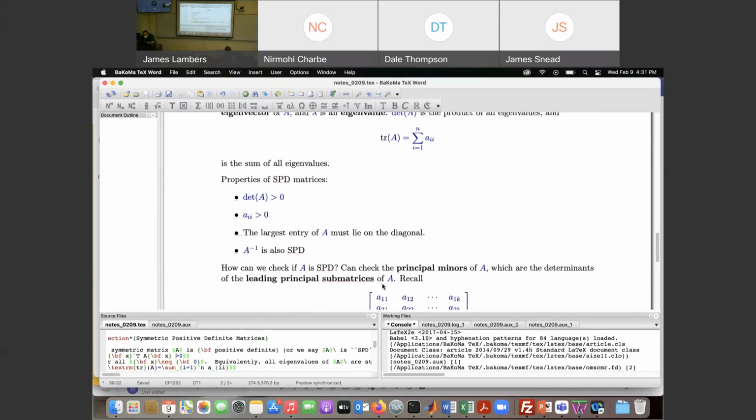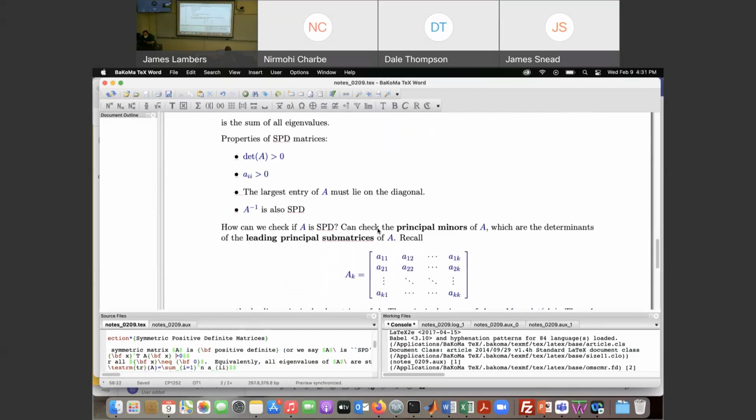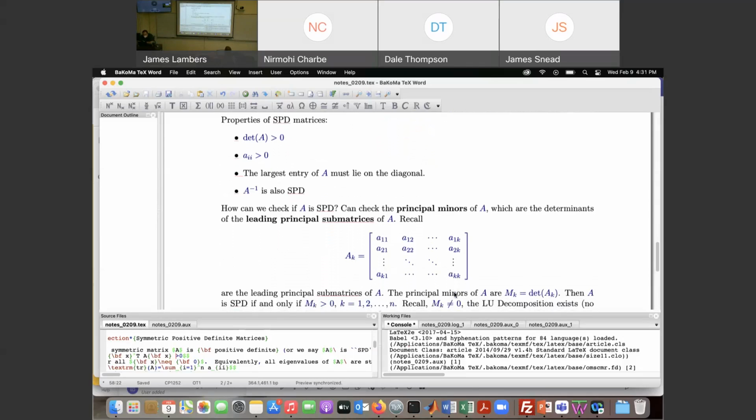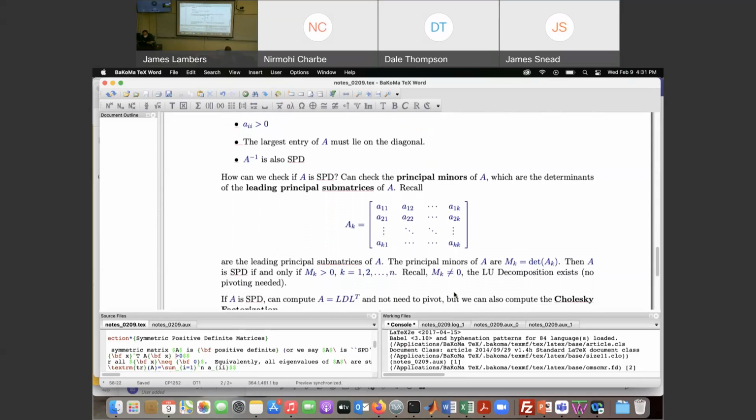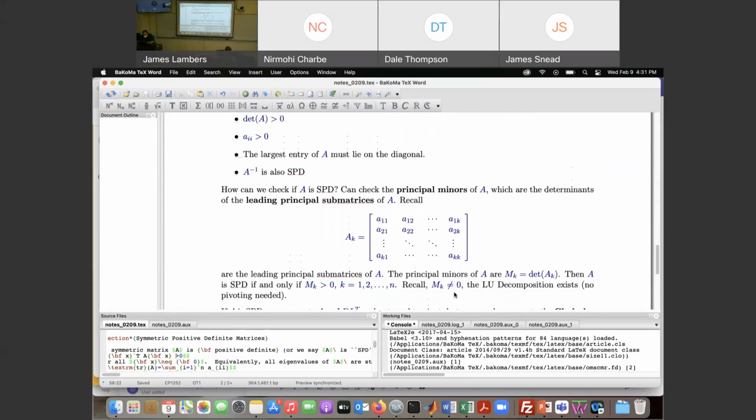to refresh your memory, we work with the principal minors of A, which are the determinants of the leading principal submatrices of A. So this is a general leading principal submatrix of A that I call AK, and you're just taking the upper left K by K block.